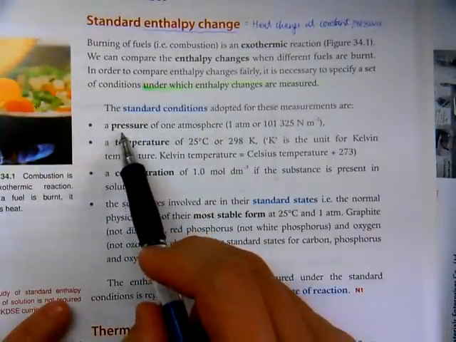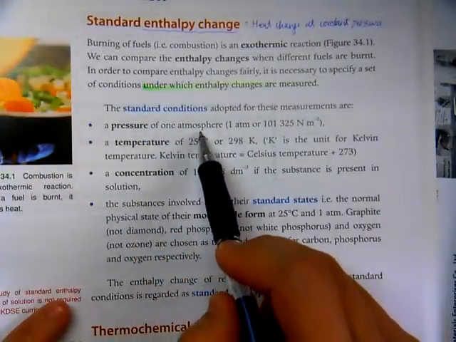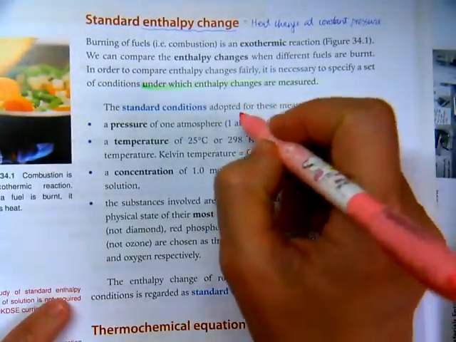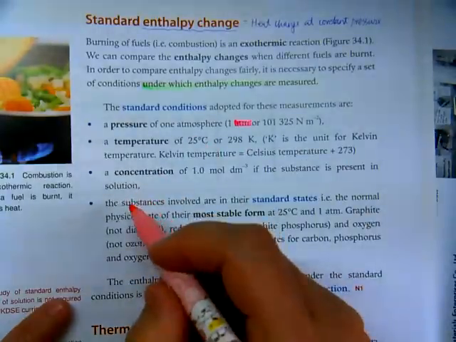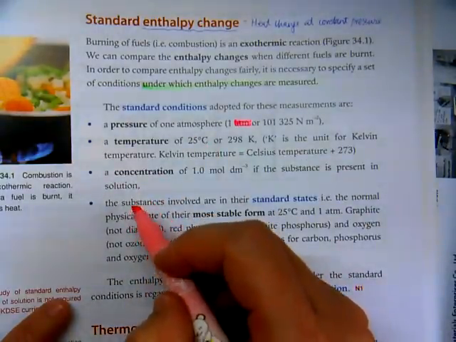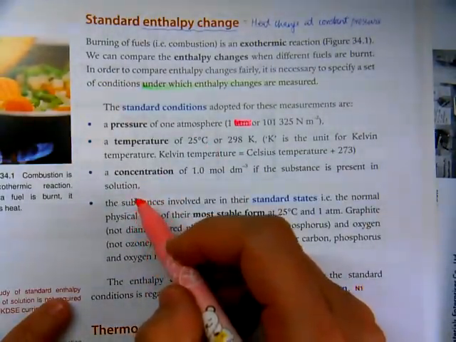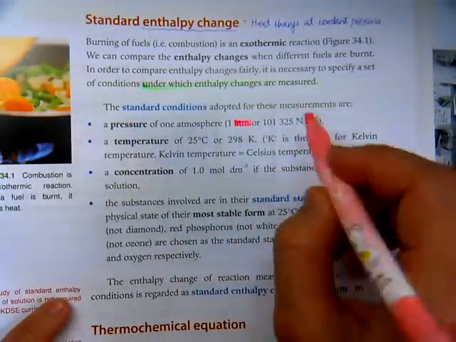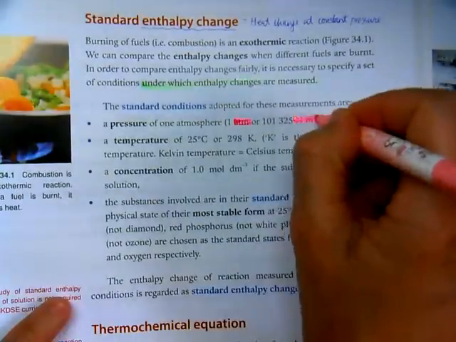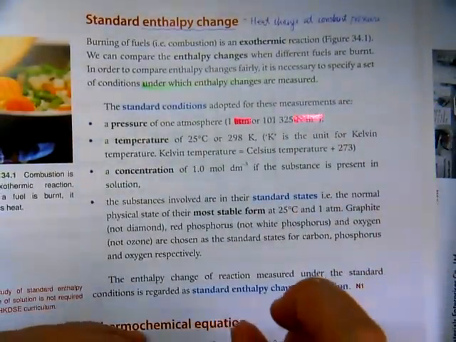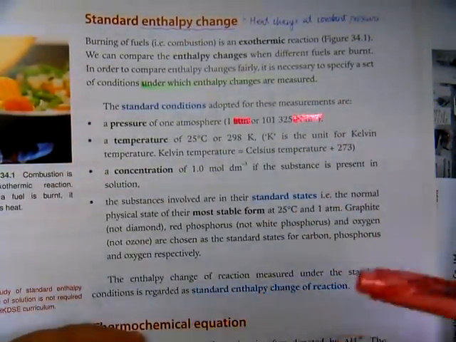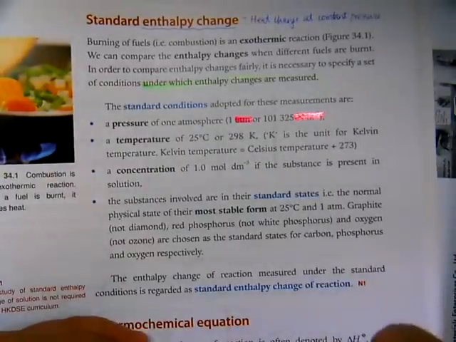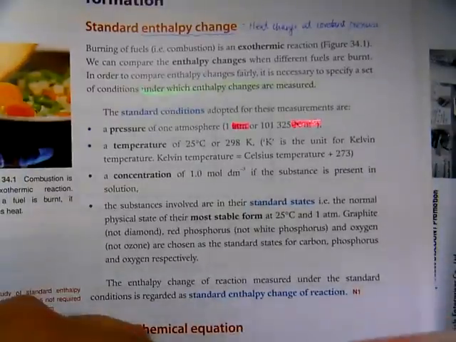If we are talking about pressure, we are talking about 1 atmosphere. For physics students, you should be very familiar with this type of unit for pressure. There are many units for pressure. ATM is commonly used, 1 ATM. Another unit very commonly used is an SI unit, Newton per meter square, also Pascal, Torr, etc. There are a lot.